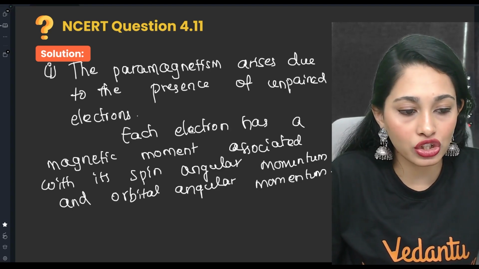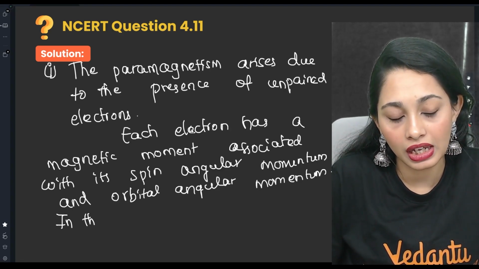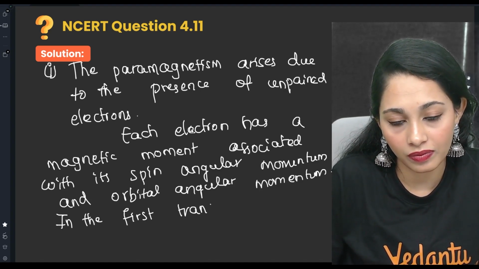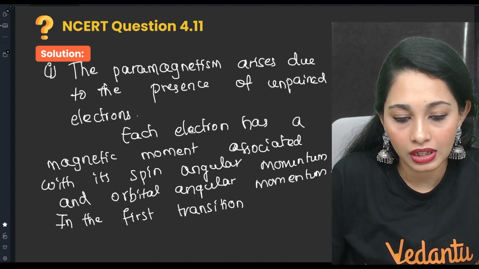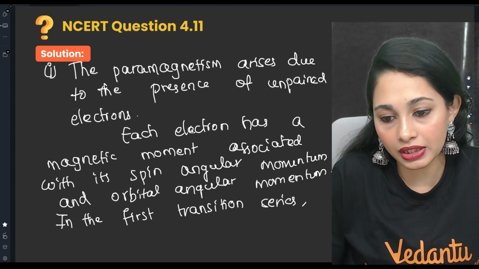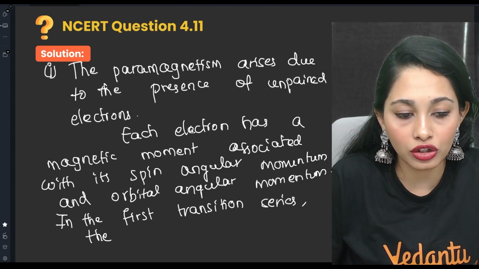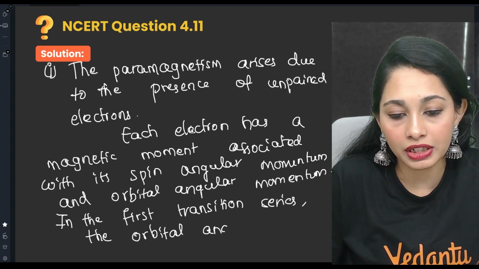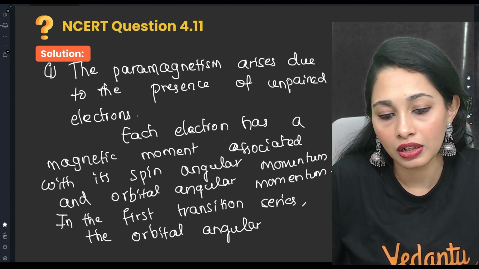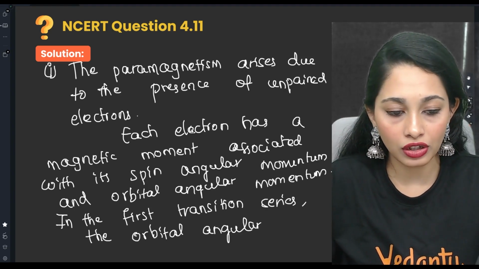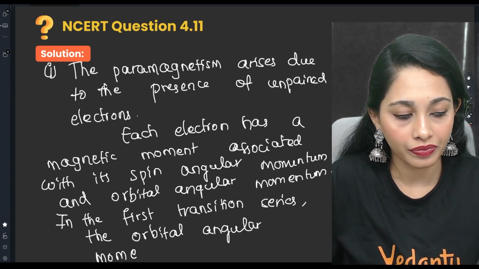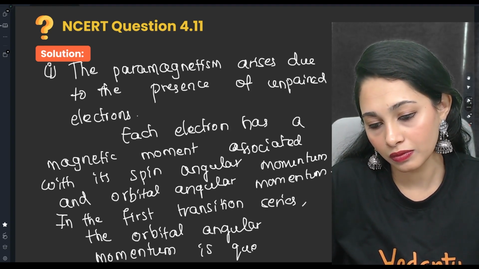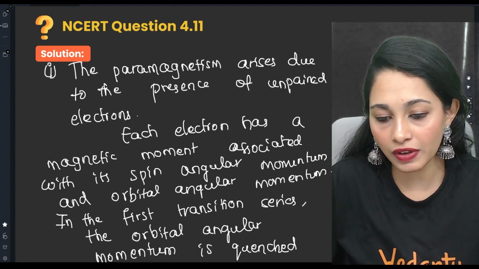In the first transition series, the orbital angular momentum is quenched. Quenched is nothing but satisfied.